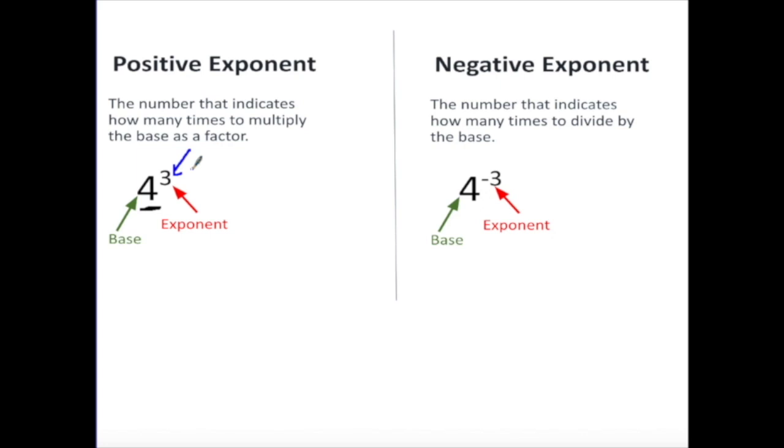The most common mistake that I've ever seen is that we say, well, the base is 4, and I need to multiply it 3 times. And we see this. No, no, no. Remember, always go back and check yourself. It is not 4 times 3. It is 4 times 4 times 4.